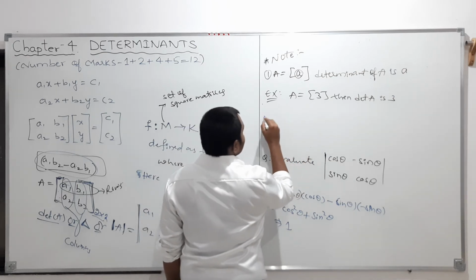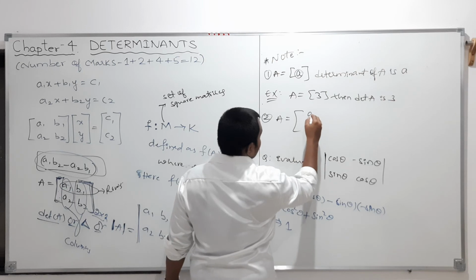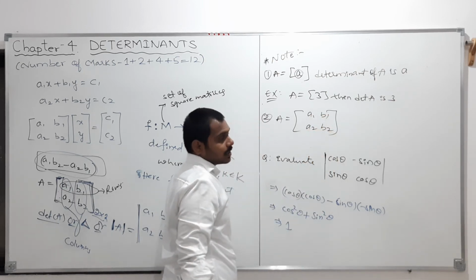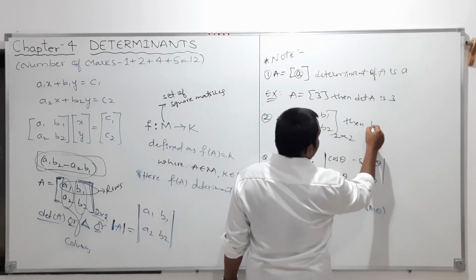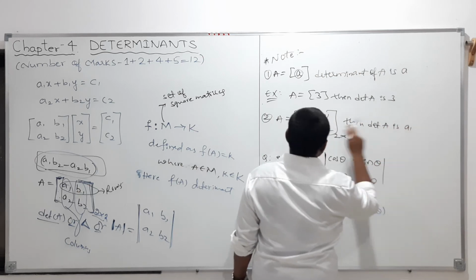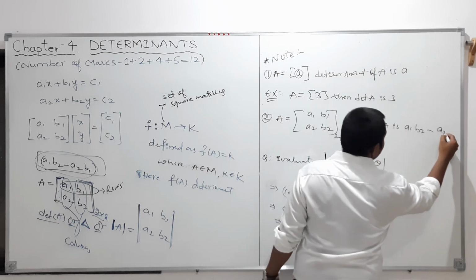It's clear. And next, my dear students, if the matrix is of the order 2 cross 2, a1 b1 a2 b2, then the determinant of A is a1 b2 minus a2 b1.